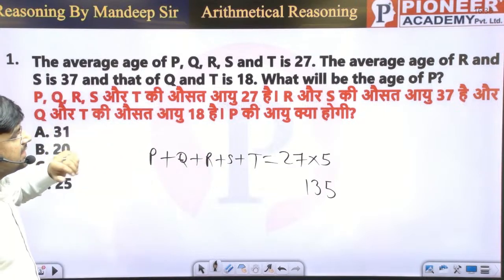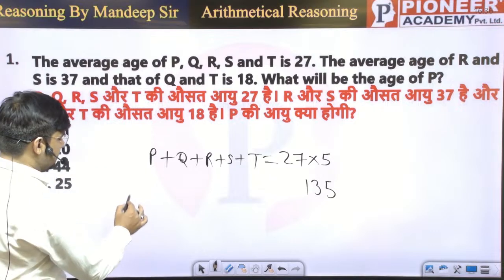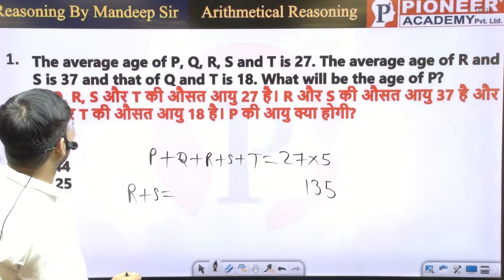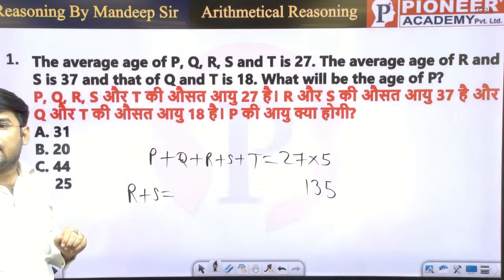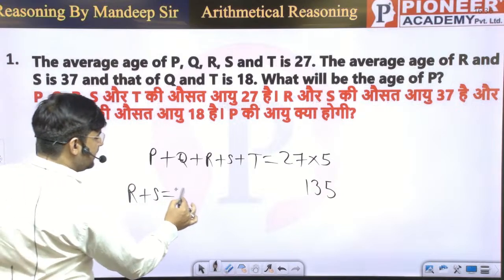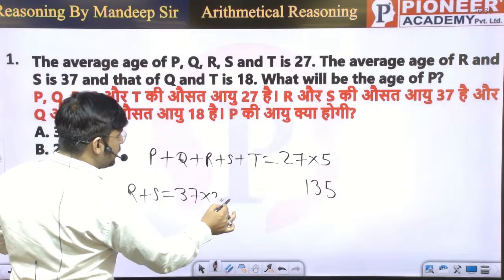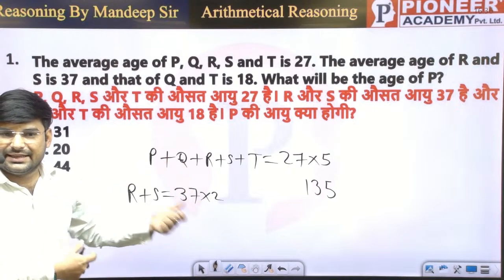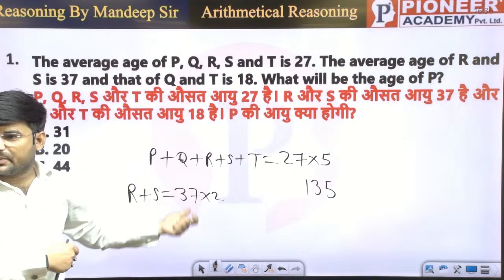In the second condition, the average age of R and S is 37. There are only 2 persons, R and S, so we multiply 37 into 2. If there are 3 persons, we multiply by 3; if there are 4 persons, we multiply by 4.